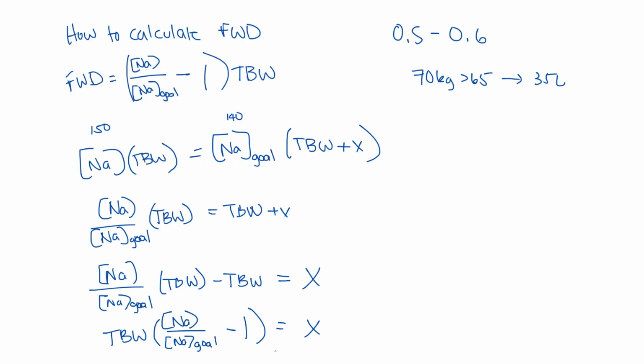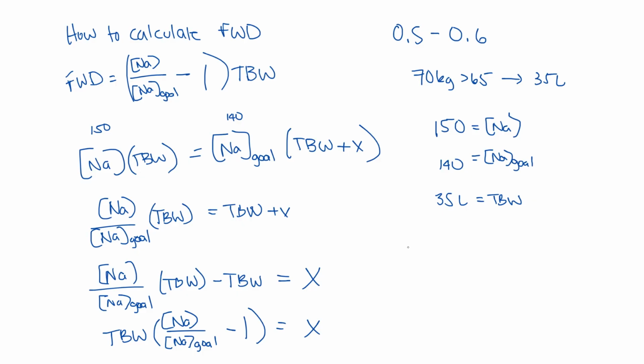And so this is still going to be an underestimate at correcting their sodium. So for example, if I have a patient who is currently at a sodium of 150 and my goal is 140, right? And then they're a 70 kilo individual who's 70 years old, so their total body water is 35 liters.